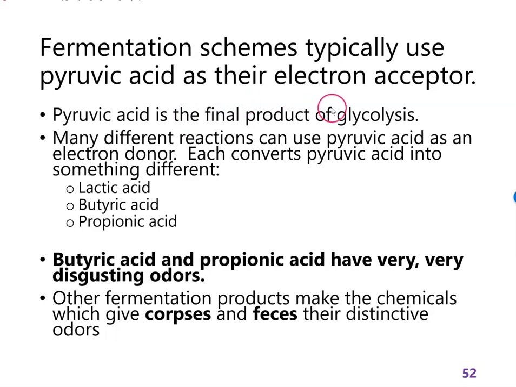Pyruvic acid is the final product of glycolysis. Different cells will do different chemical reactions with pyruvic acid, but all of them involve putting the excess electrons into pyruvic acid. So pyruvic acid acts as the electron acceptor. The one I would expect you to be most familiar with is lactic acid, because that's what our own cells typically make as a waste product when they do fermentation.